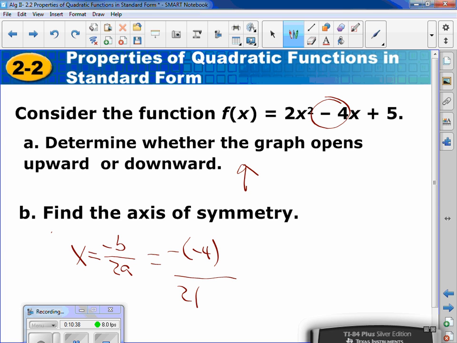Your a value is 2. What's negative negative 4? Positive 4. 2 times 2 is 4. What's 4 divided by 4? 1. What this is saying is that the AOS is going to be x equals 1.